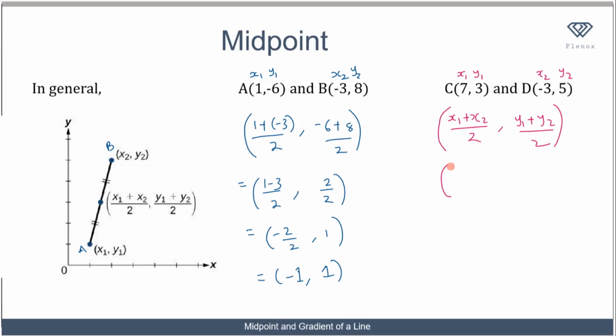My x1 in this case is 7, and my x2 is minus 3, then over 2, then comma my y1 here is 3, and my y2 here is 5 over 2, and plus times minus is minus. So 7 minus 3 is 4, it becomes 4 over 2 comma, and 5 plus 3 is 8 over 2, and what does that become? 4 divided by 2 is 2 comma, and 8 divided by 2 is 4. So the coordinates at the midpoint are an x value of 2 and a y value of 4.